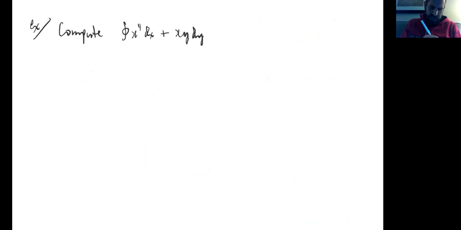This is going to be the integral with positive orientation, closed curve, where C is the triangular curve consisting of line segments from (0,0) to (1,0), and then to (0,1), and then back to the origin again.